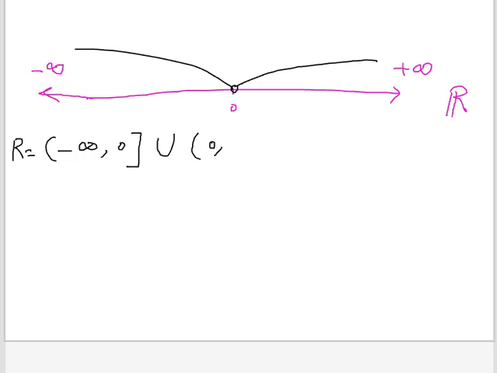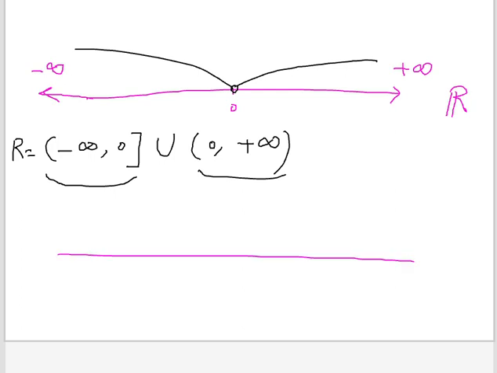Indeed, R can be written as minus infinity to 0 union 0 to plus infinity. Then R has 2 partitions, this one and this one.